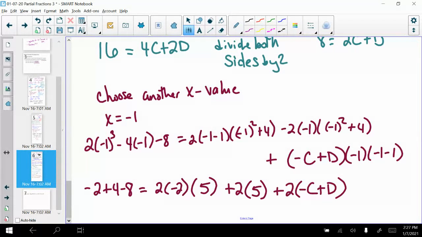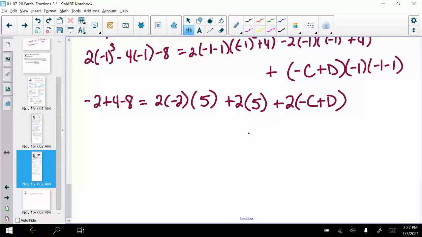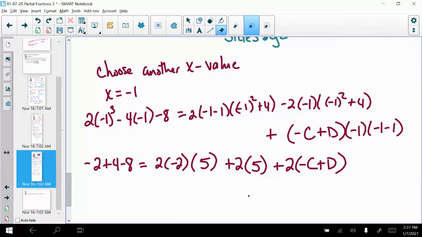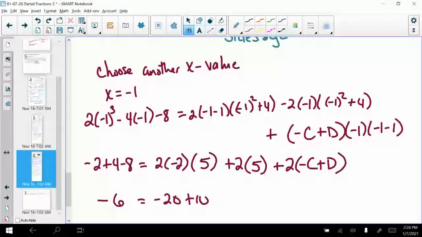Okay. So that actually isn't that bad. It looks kind of bad, but let's see what it shakes out to be. This side, negative 2 plus 4, that would be 2, right? 2 minus 8 is negative 6, equals, I would say that's negative 20 plus 10 minus 2c plus 2d.